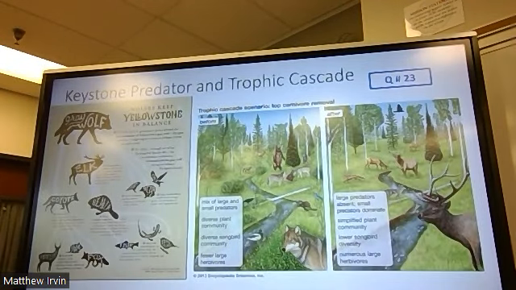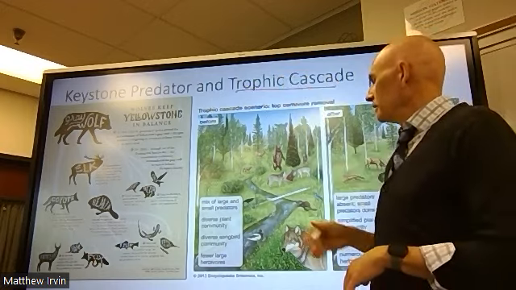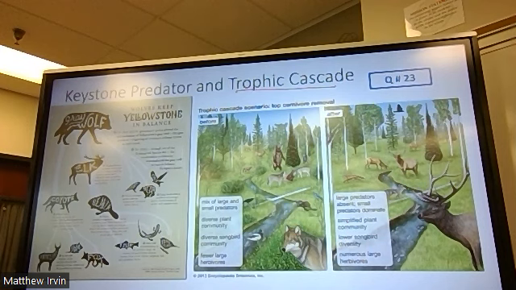Keystone predators, that's going to be beneficial because that's that top-down trophic cascade, where by regulating those primary consumers, it helps regulate the entire ecosystem. So wolves in Yellowstone, great example of that. Deer are a menace.